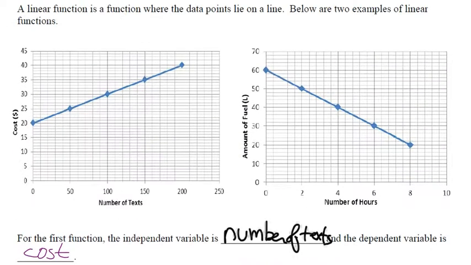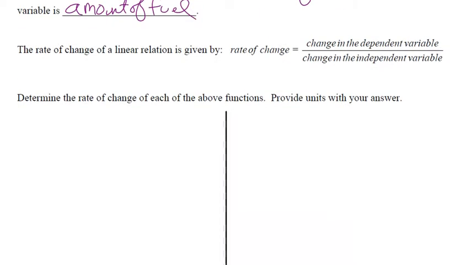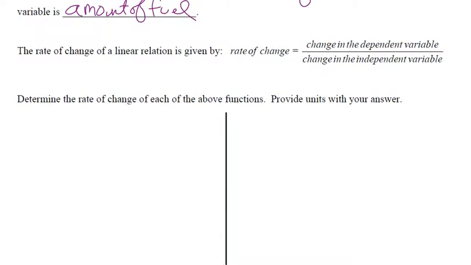So let's go with a couple of points, like 0, 20, and 50, 25. And so if we're going to work out the rate of change, it is the change in the cost, right? So change in cost, which is dependent, over the change in number of texts.